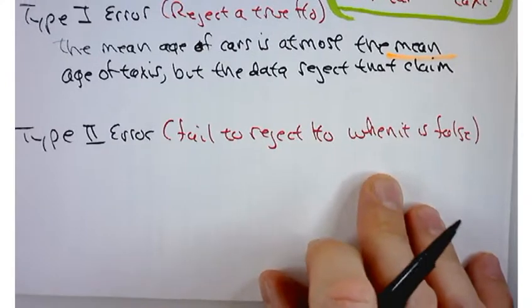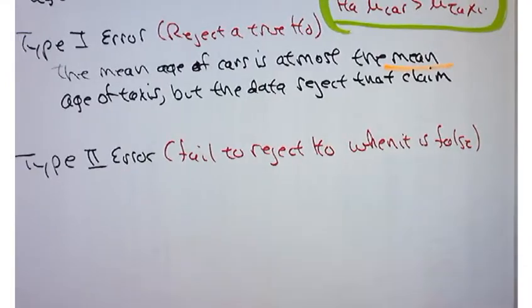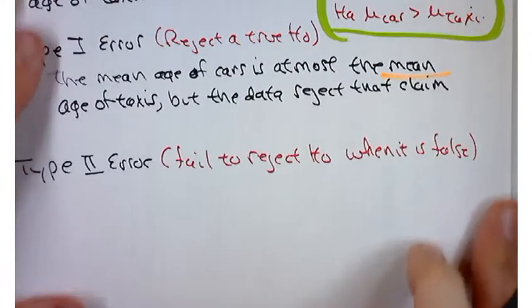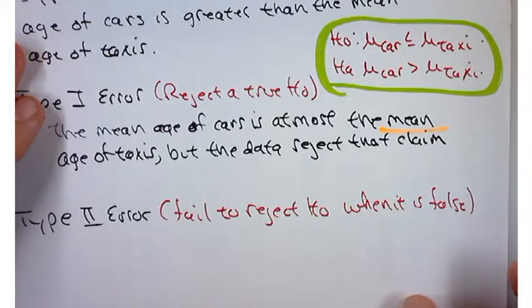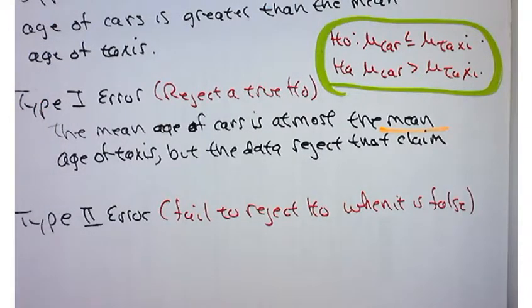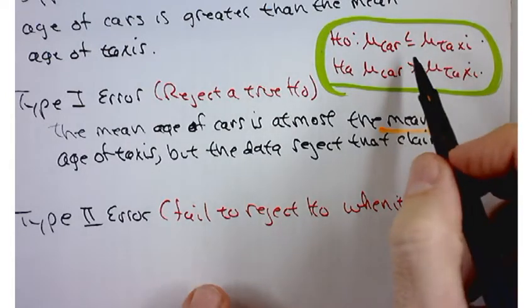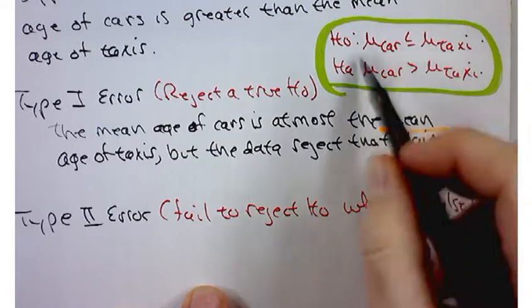Okay, does someone want to give it a shot? Rusty, thanks. The mean age of cars is at most the mean age of taxis, but the data doesn't support that claim. Your first sentence said that this is true.